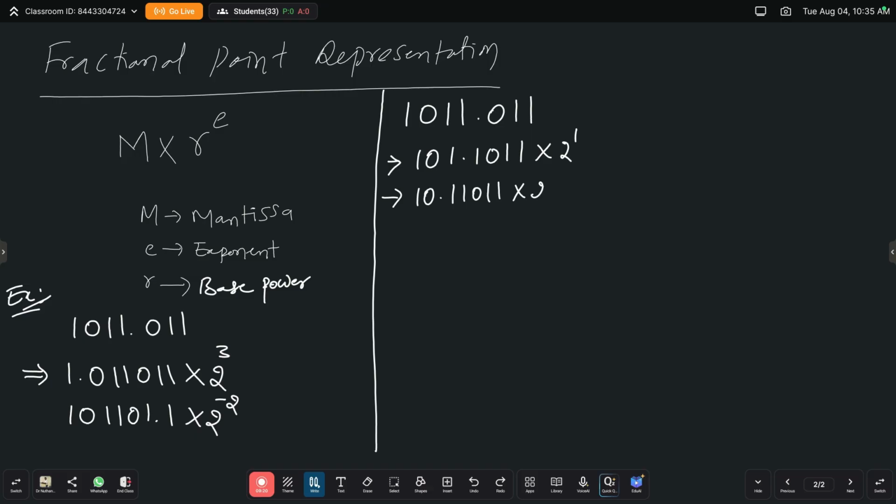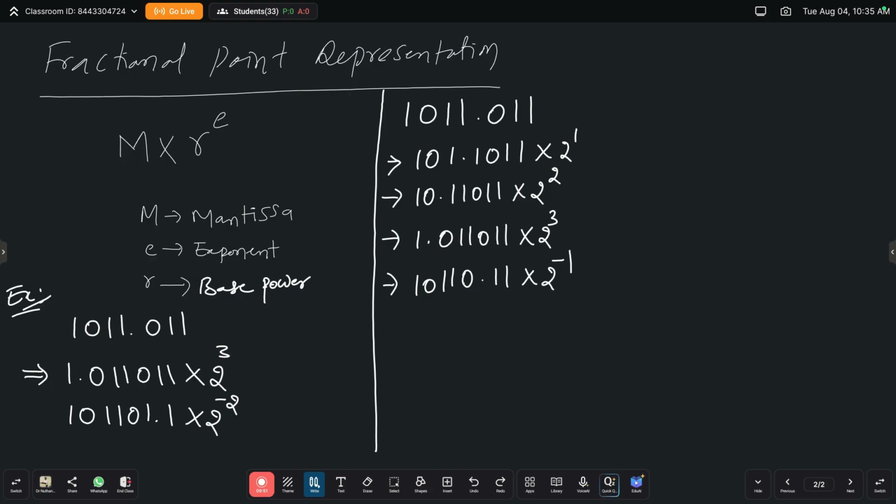10.11011 into 2 power minus, 1.011011 into 2 power, 1011.011 into 2 power minus 1.